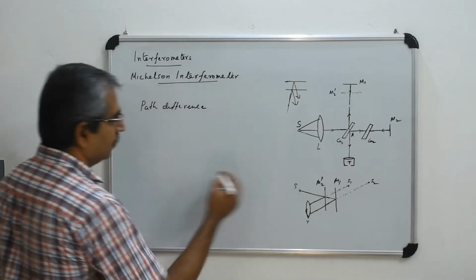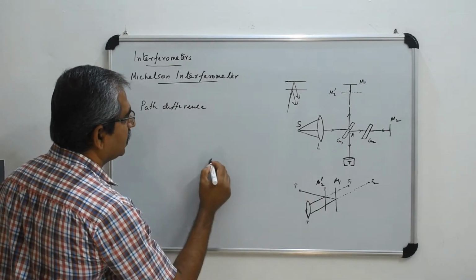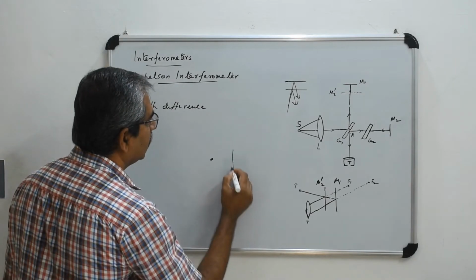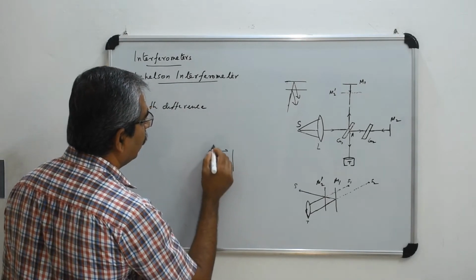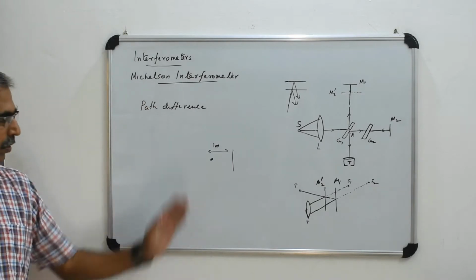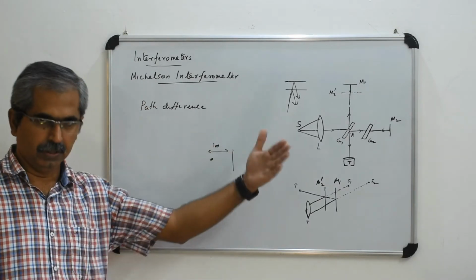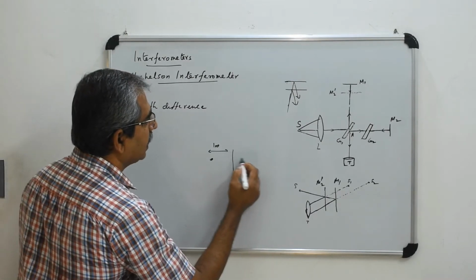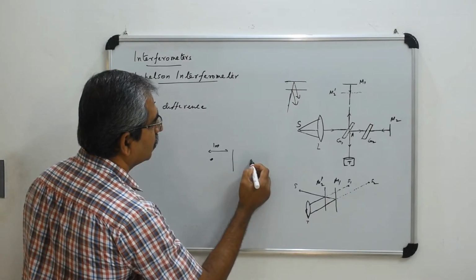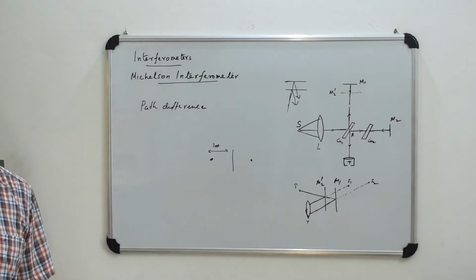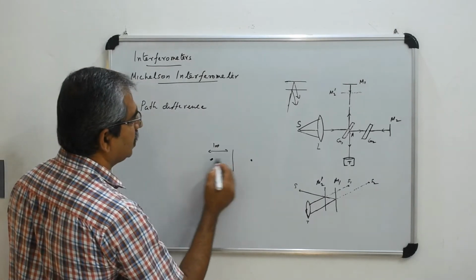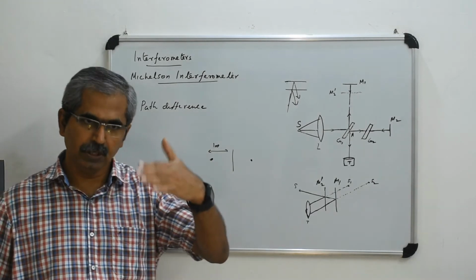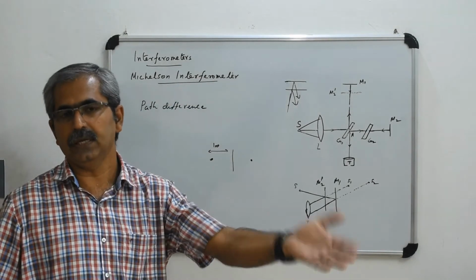For explaining that one, suppose you are standing here and there is a mirror. Suppose the distance is 1 meter. You see that your reflection will be exactly the same distance behind the mirror, isn't it? So if this distance is 1 meter, it seems that you are standing 1 meter behind the mirror.